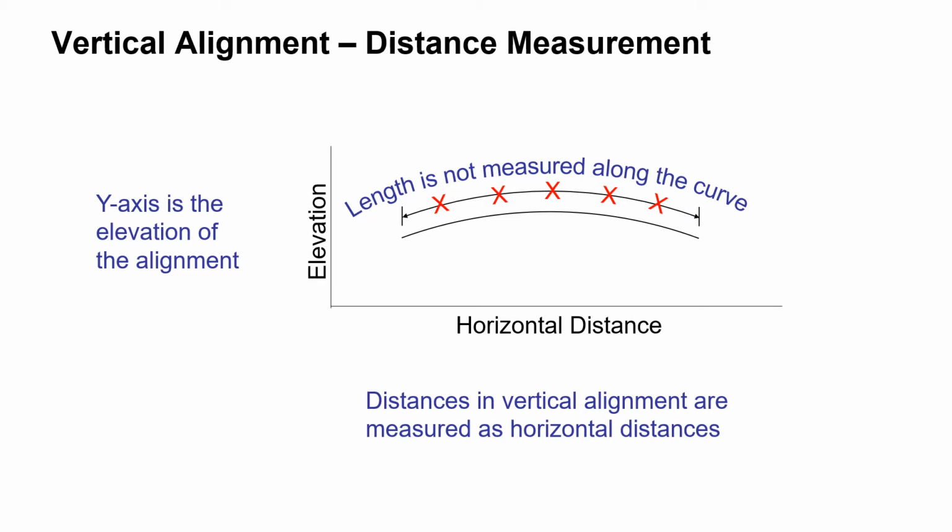If we measured along vertical curves, it would give us a whole separate set of measurements. So that's why for highway alignment, everything is done in horizontal distances. That length is going to be that horizontal distance only, not accounting for vertical curvature.